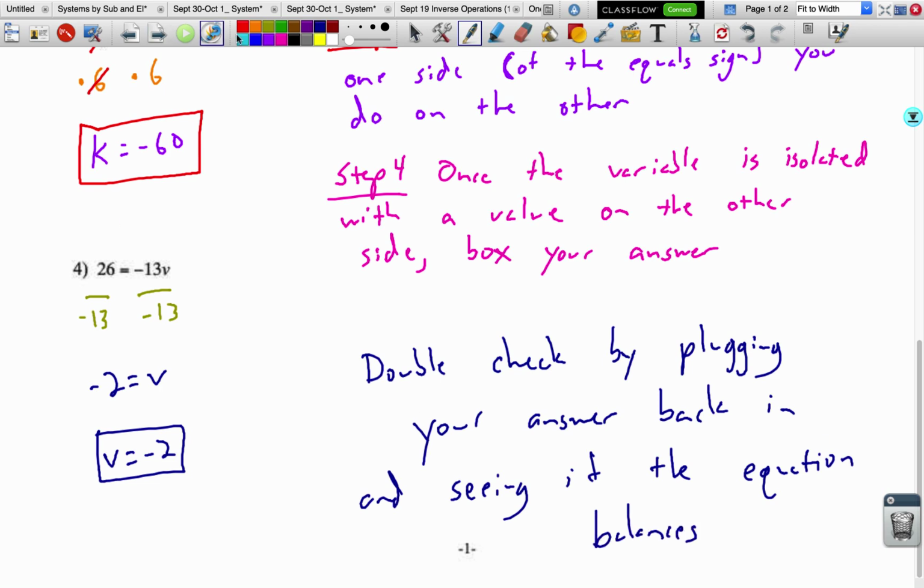So I can take this v equals negative 2, I can plug it back in here, and now I've got the equation 26 equals negative 13 times negative 2. This can be combined to be a 26. We get 26 equals 26. That's our double check. It balanced, so this was the correct answer.